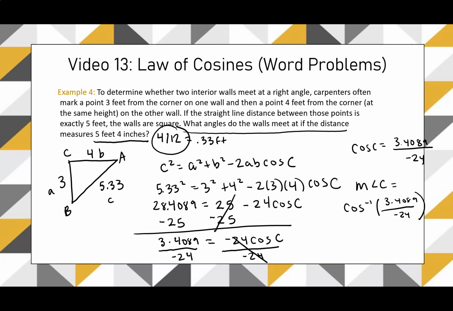All right, I do that in my calculator, and I get that my measure of angle C is equal to 98.17 degrees. So you can see that it kind of makes sense, right? If we were to make this side longer than 5, it definitely opens up this angle right here to be bigger than 90 degrees. And so that 98 degrees makes sense.